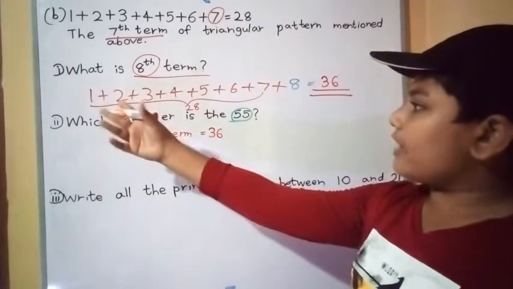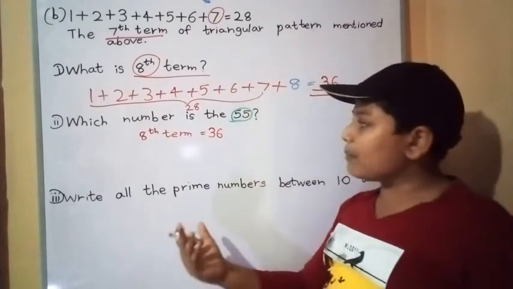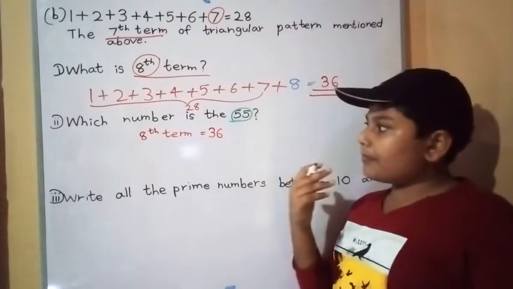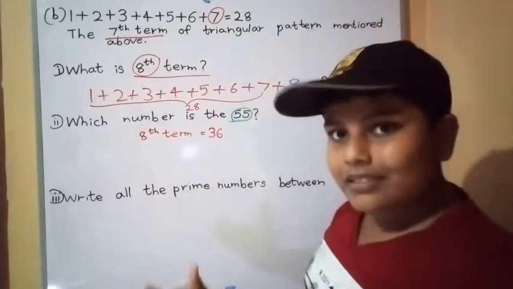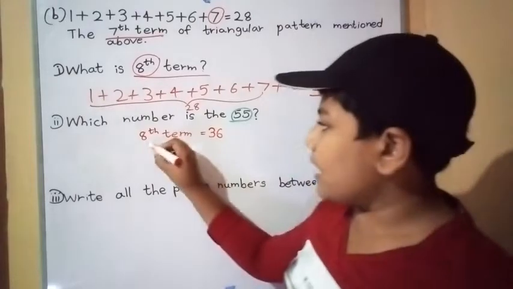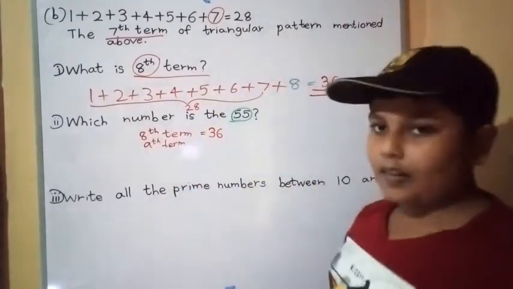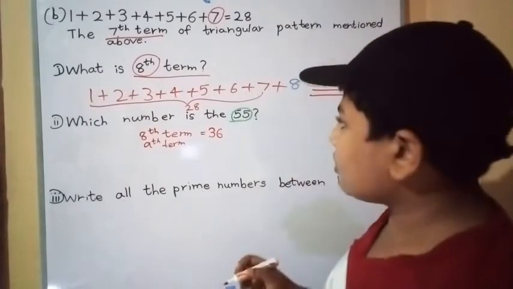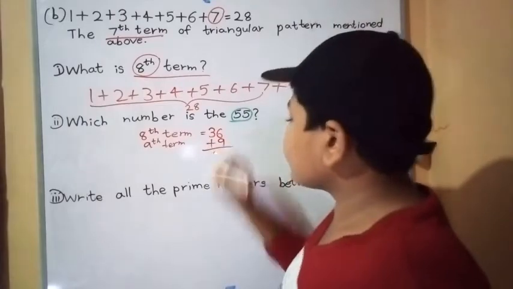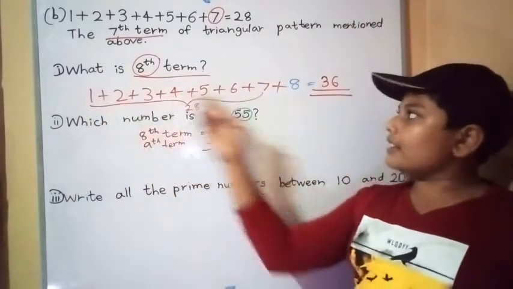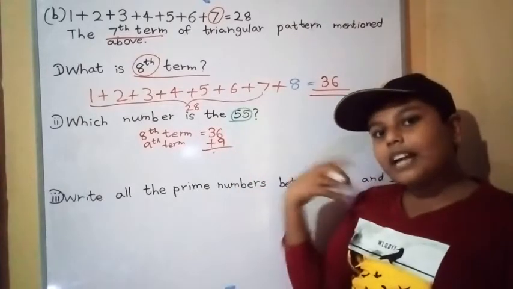Now, you add 1, 2, 3, 4, 5, 6, 7, 8. The 9th term means you want to get the terms and the values like this. The 9th term means you want to add 9 for this, because you add like this: 1, 2, 3, 4, 5, 6, 7, 8, 9.